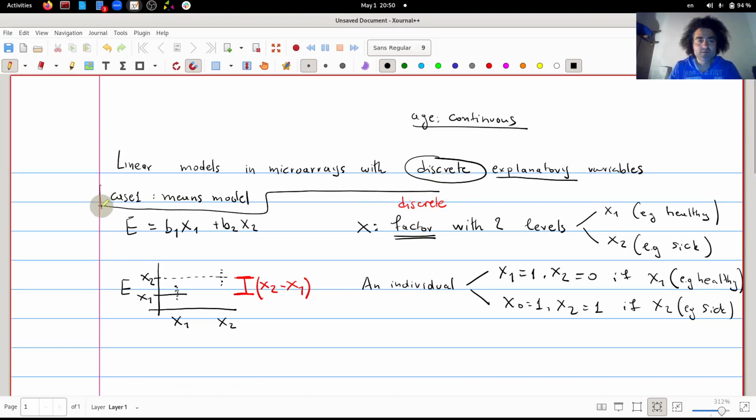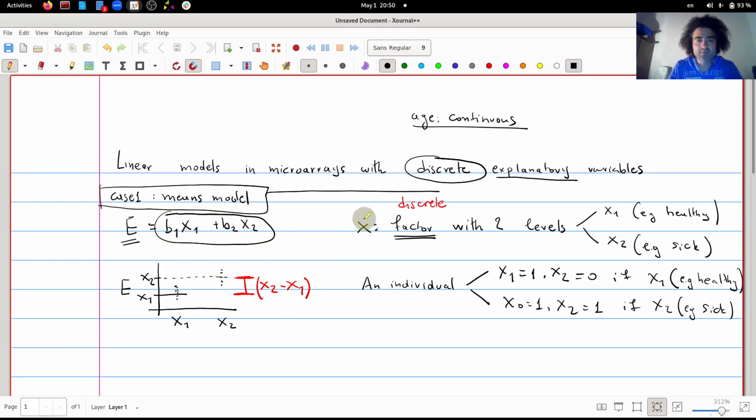And we will deal with two cases. The first case is the so-called means model. In the means model we try to explain the expression level, so the expression level can be modeled. Okay, let's go from the beginning.